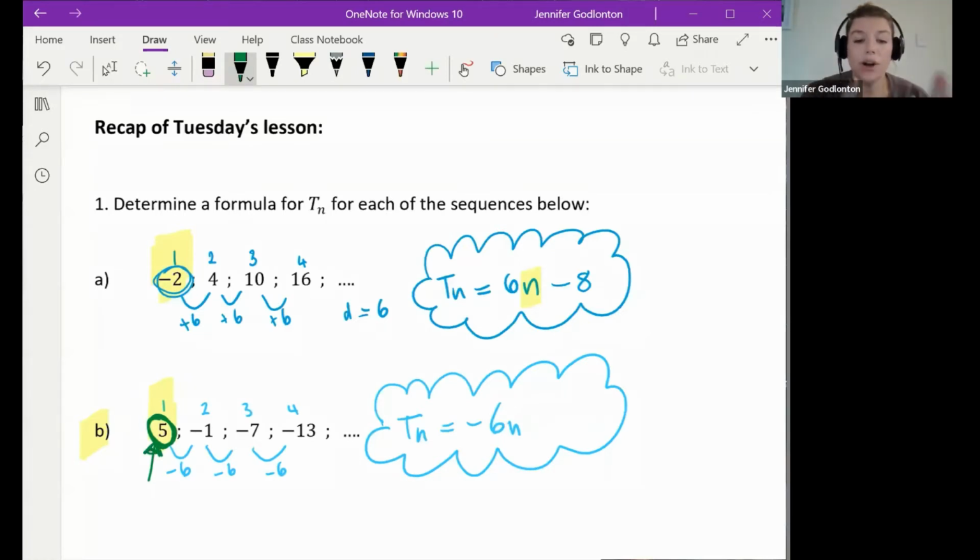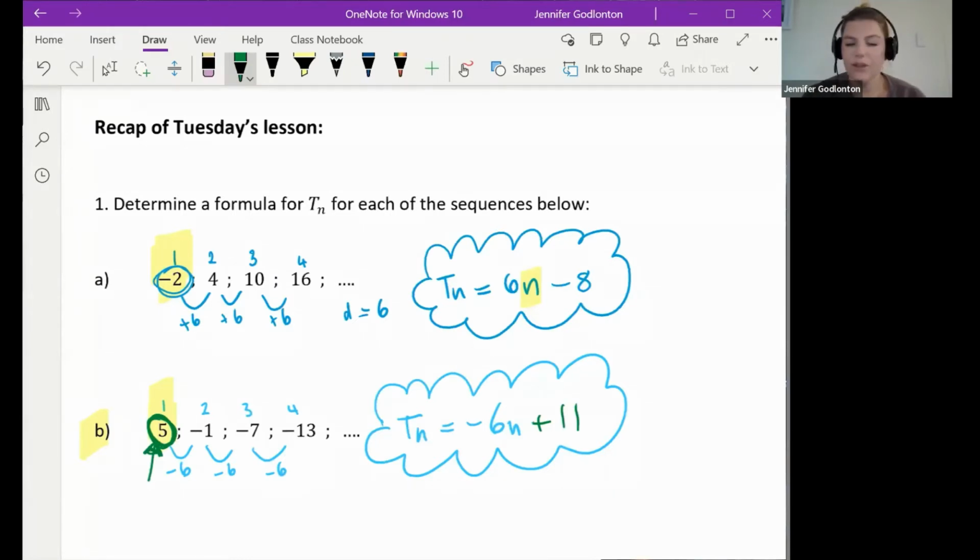If I was on -6, but I want my answer to be 5, what would I have to add or subtract to get from -6 up to 5? To get from -6 to 5, I have to add 11. So if I add 11 onto -6, I'm going to get 5.